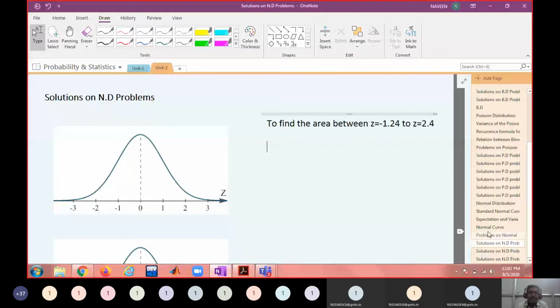Probability of minus 1.2 less than Z less than 2.4.